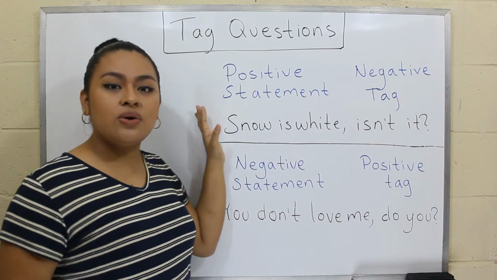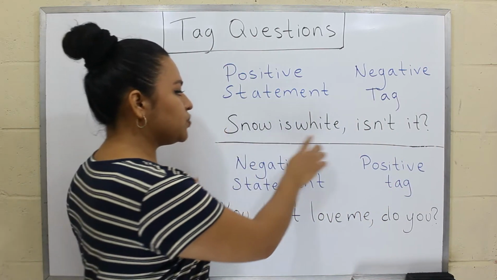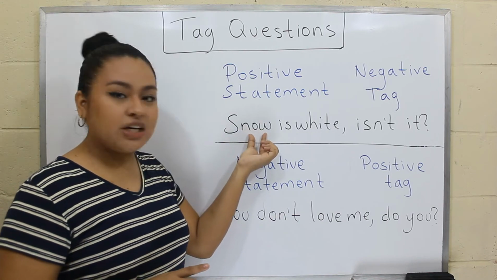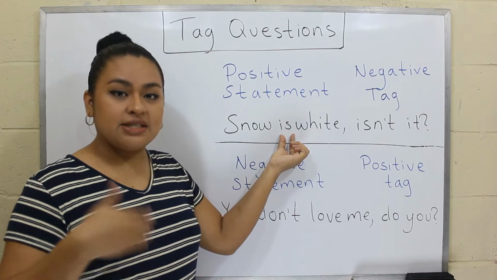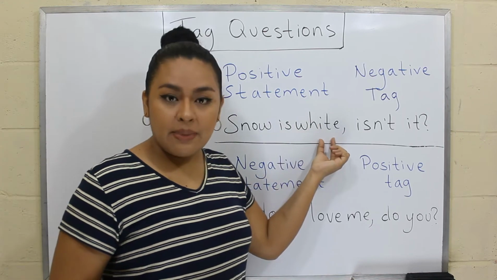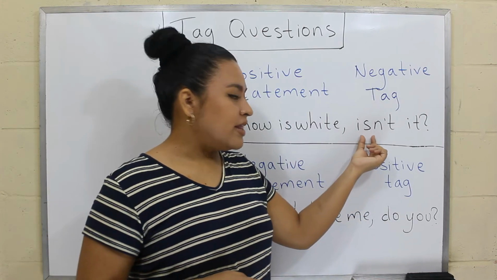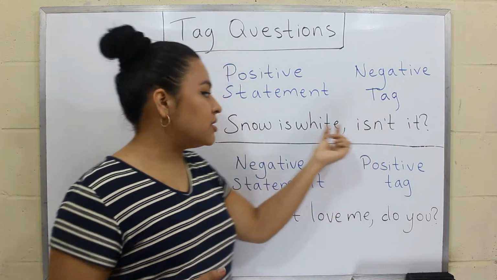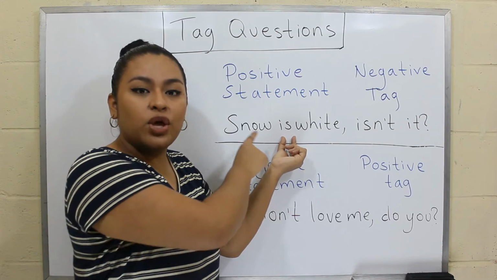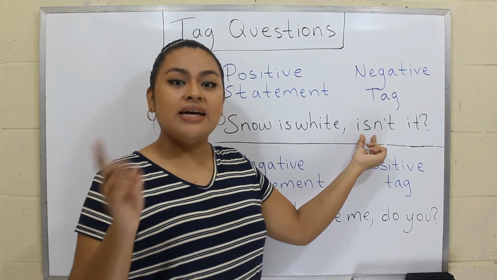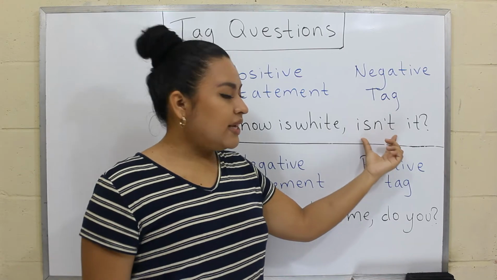So I want you to look at the statement, snow's white. In the statement we have a subject, a verb, that is the verb be, and a complement. And in the tag we have the auxiliary be because it refers to the verb we use in the statement. So we use the auxiliary be in the contracted form, isn't it?